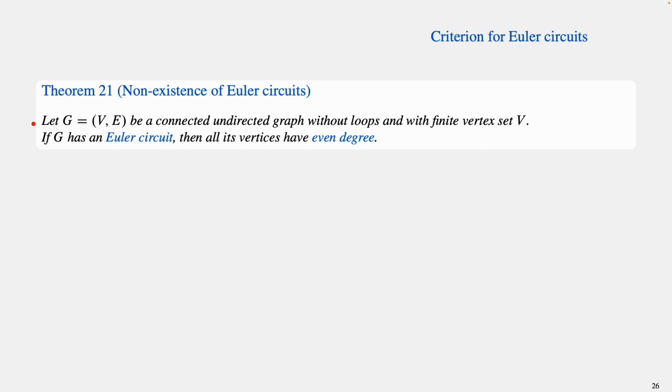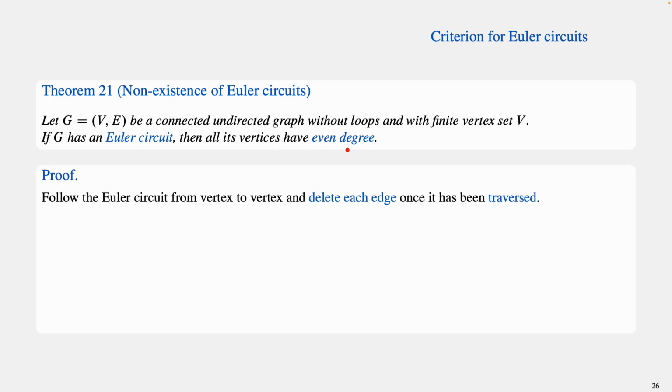So let G be a connected, undirected graph without loops, so without edges from a vertex to itself, and on a finite vertex set V. Then if G has an Euler circuit, all its vertices must have even degrees. And the proof is as follows.